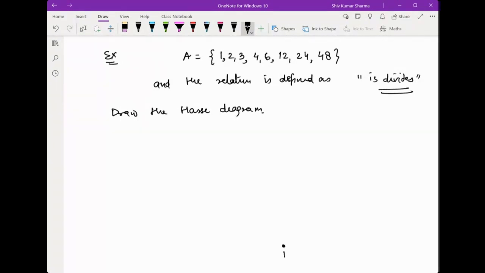The element 1 divides both 2 and 3. 1 divides all elements, but initially we take 1 divides 2 and 1 divides 3. So we draw 2 and 3.